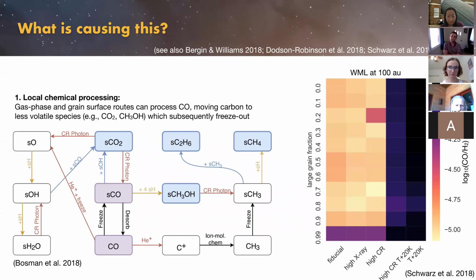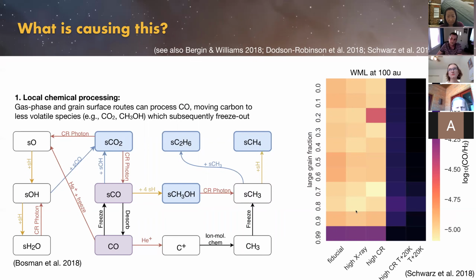Right. So back to Camber's plot. So this figure then shows that unless the disk is really warm, you can get about an order of magnitude depletion of CO just by local chemical processing, right? Getting the 2 orders of magnitude that we saw in the previous plot is tricky.